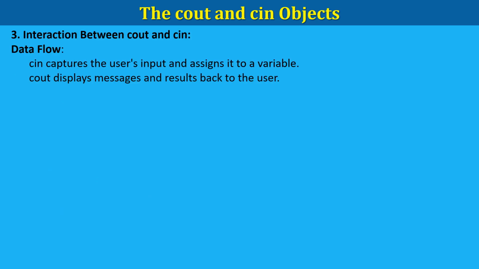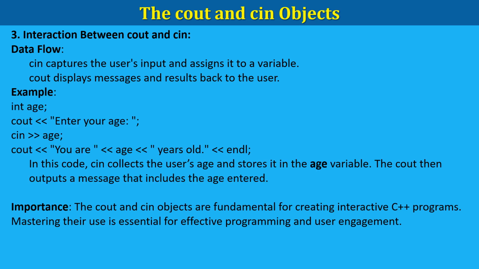Interaction between cout and cin. Data flow: cin captures the user's input and assigns it to a variable, and cout displays messages and results back to the user. An example is, in this code, cin collects the user's age and stores it in the age variable.